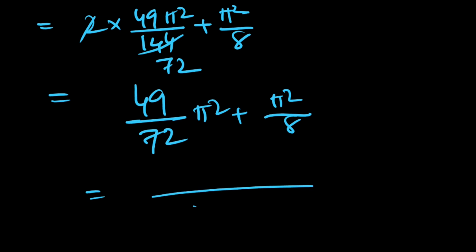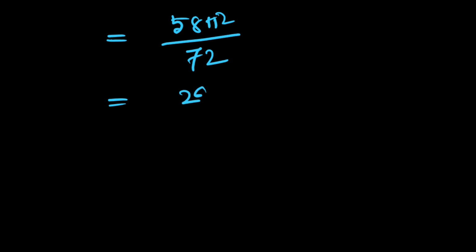Now the LCM is 72, so that is 49 pi square plus 9 pi square. Therefore it is actually 58 pi square over 72. So we cancel these two terms, and we get 29 over 36 pi square.